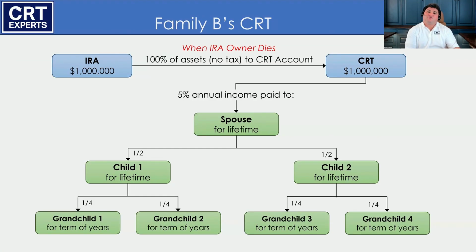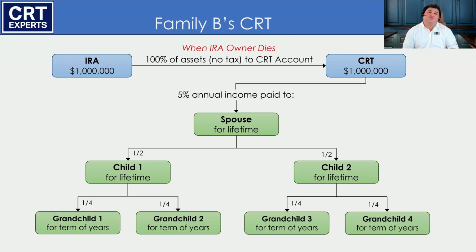So that income stream will go initially to the spouse for the spouse's lifetime, at the spouse's death to the 2 children for their remaining lifetimes, and at the death of the surviving child, it will go to the grandchildren for the shorter of their lifetimes or a fixed term. And that almost certainly, at least actuarially, unless there are significantly premature deaths, will be for the term.